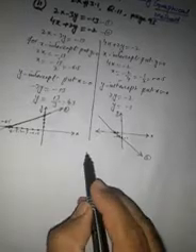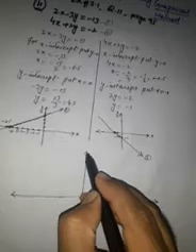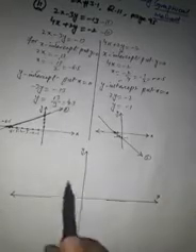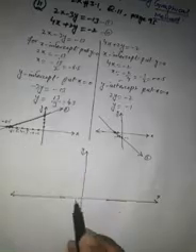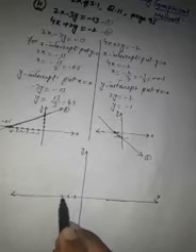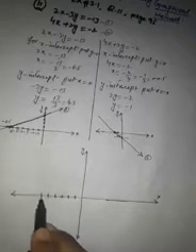Now we draw both of the lines in one graph in this way. This is the x-axis, this is the y-axis. Now we have here minus 6.5. Let's say this is minus 1, minus 2, minus 3, minus 4, minus 5, minus 6, minus 7.